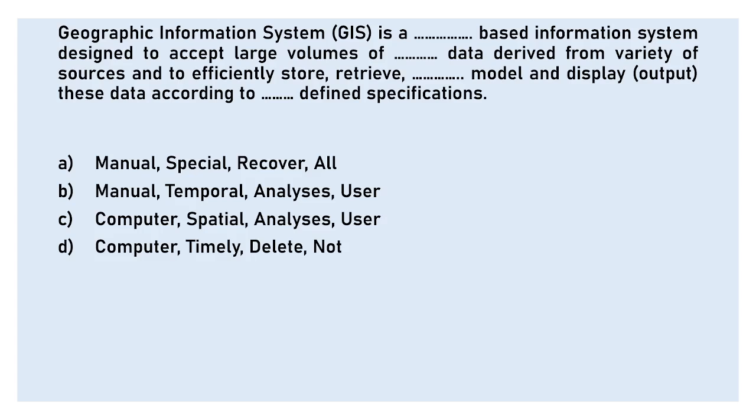I know it's a bit long, but you're already familiar with this. The answer is computer, spatial analysis, and user. User defined specifications. You retrieve, analyze, right? Large volumes of spatial data is used, and it is a computer based information system.